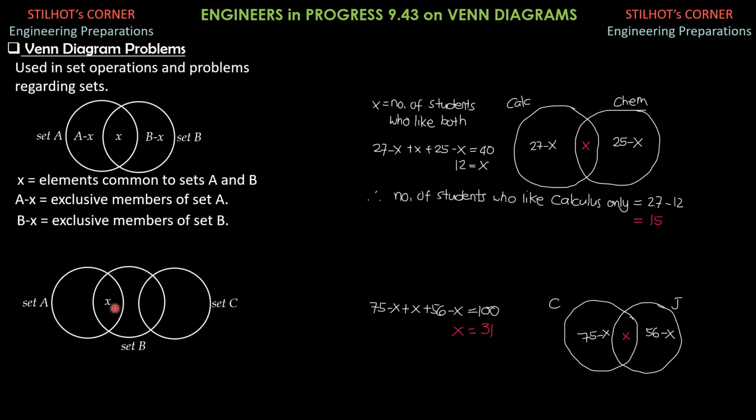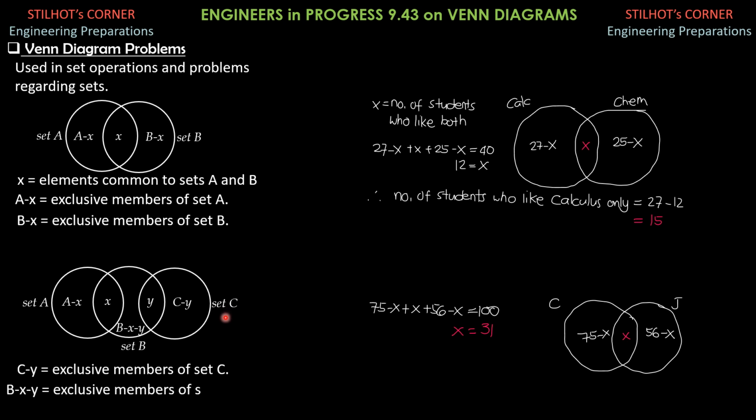So if we put X here, these are the members common to sets A and B, exclusive members of set A. If Y is the number of members common to sets B and C, then B minus X minus Y would be the exclusive members of set B, and C minus Y the exclusive members of set C. So B minus X minus Y are the exclusive members of set B, and A minus X the exclusive members of set A. Then A and C have no elements in common.